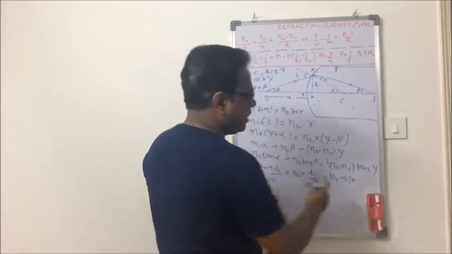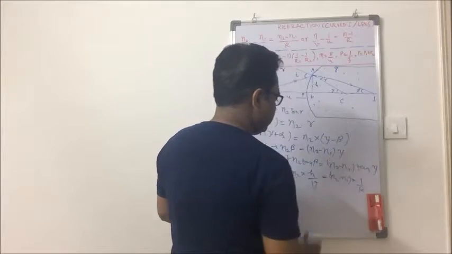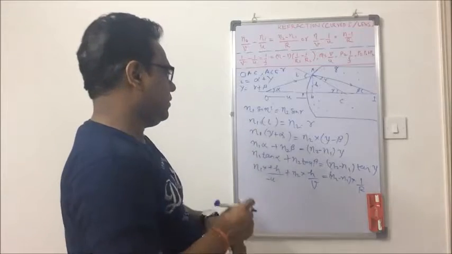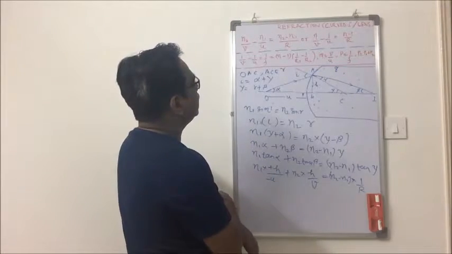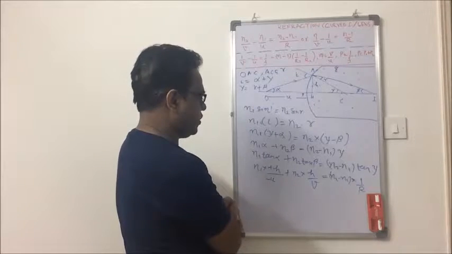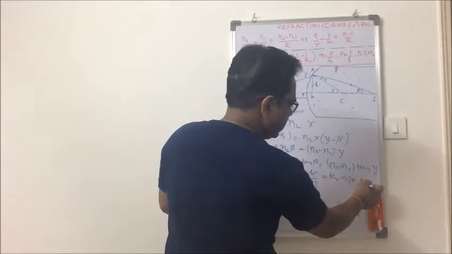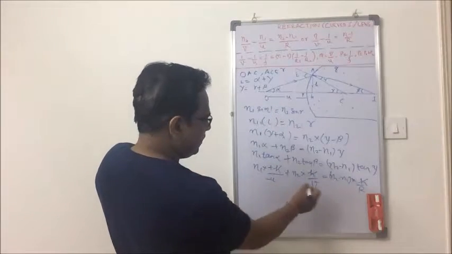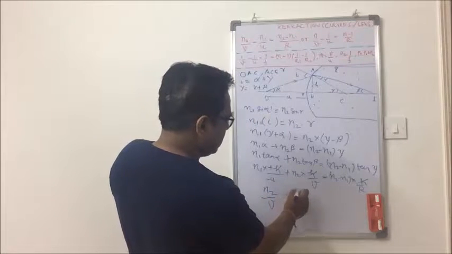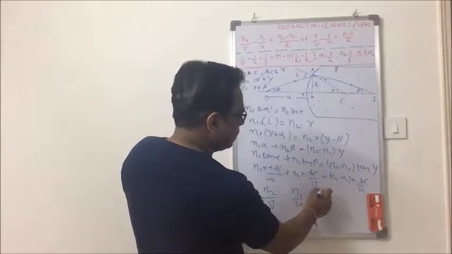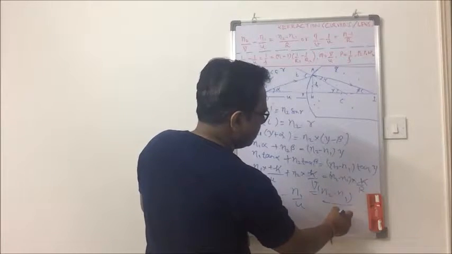PC is nothing but R, which is again positive. Okay, so with this logic, h would be cancelled, and we will have N2 by v minus N1 by u equal to N2 minus N1 divided by R.